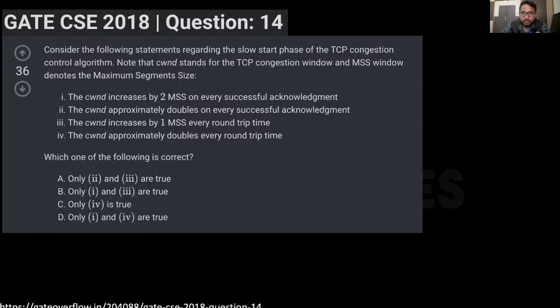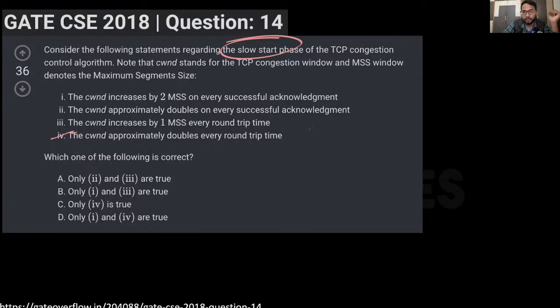No, by 1 only. CWND increases by 1 on every round trip? No, on every ACK. CWND approximately doubles on every round trip? Yeah, that is true.